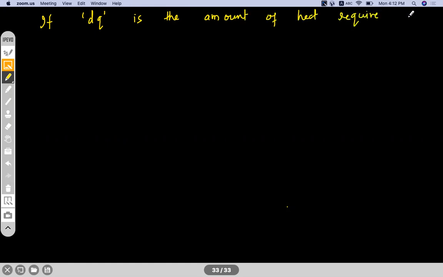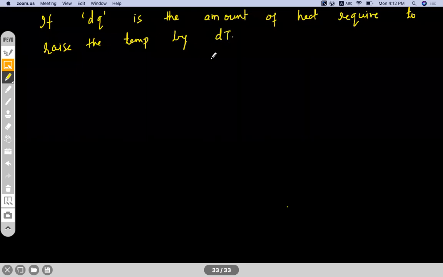Okay. Now you see, if dq is the amount of heat required to raise the temperature by dT, this is the assumption we are making.